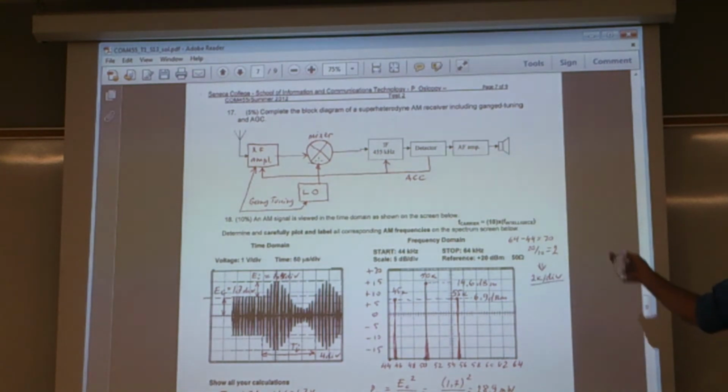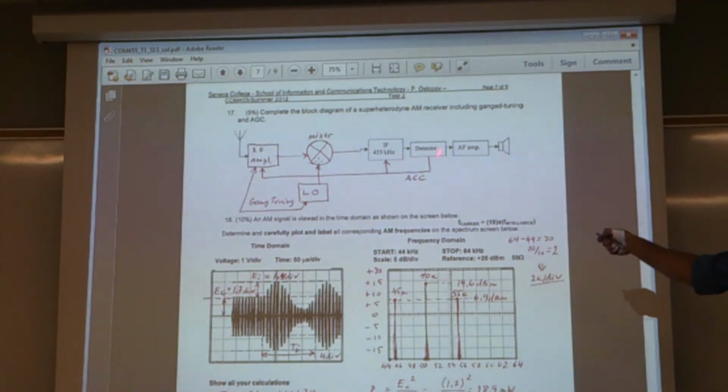Now, AGC. What is AGC? AGC checks the level of your DC output, and if it fluctuates up or down, it provides negative feedback. If that signal is too low, it increases the gain. If it's too high, it decreases the gain. That's the automatic part.